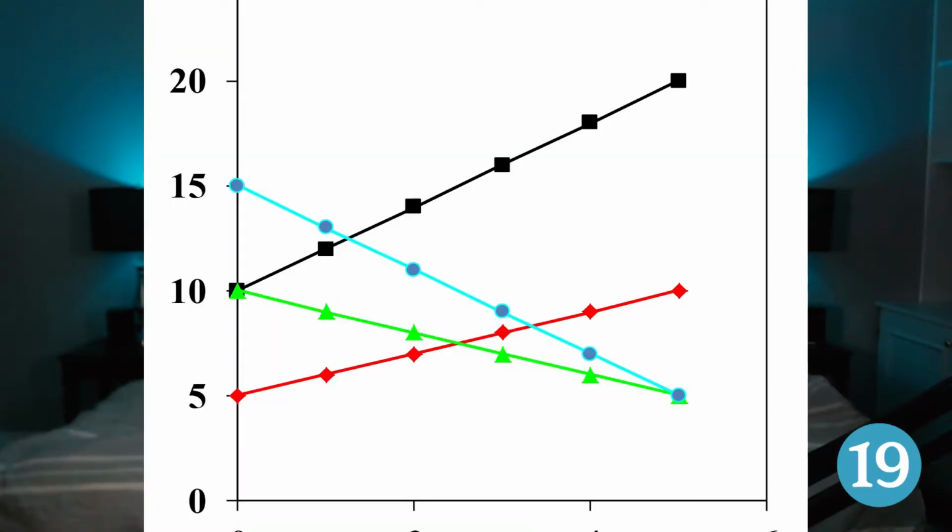So we can use this simple formula to create a regression model based on data points. So in this example, we're looking at the black line, and at the y-axis where x is equal to 0, the coordinate of the black line is (0, 10). So 0 on the x-axis, 10 on the y-axis. And then the rightmost point on the black line is 5 on the x-axis and 20 on the y-axis.